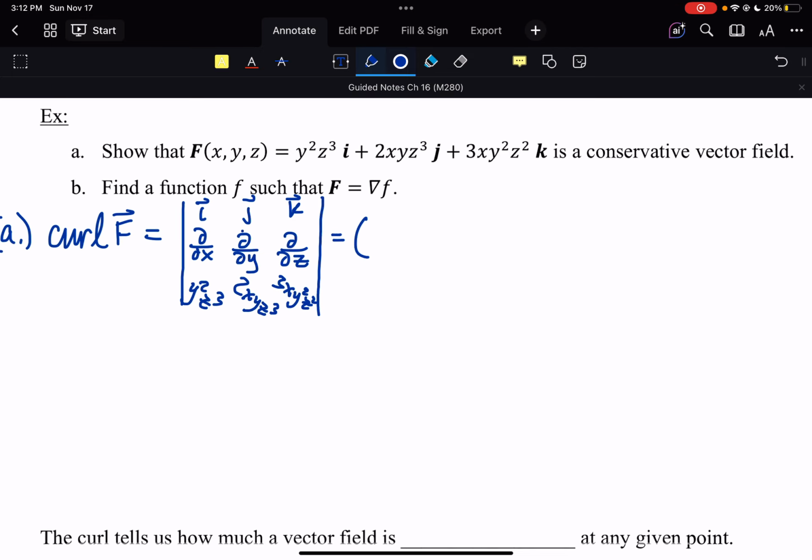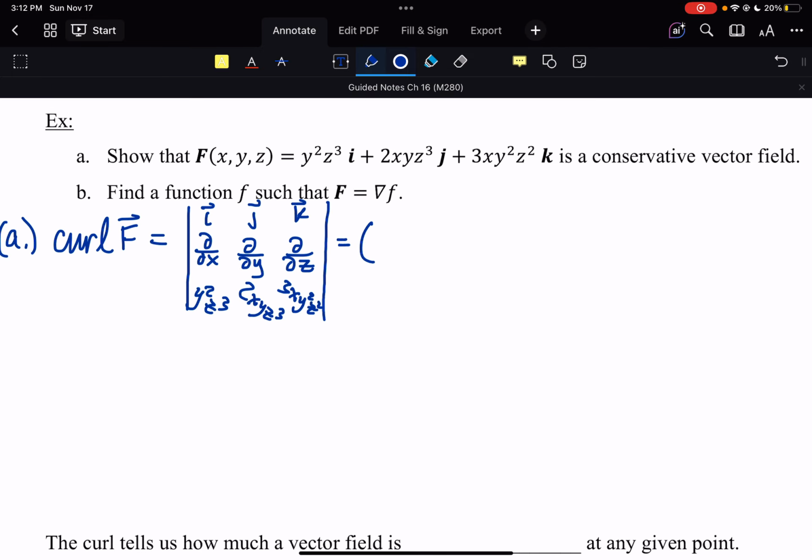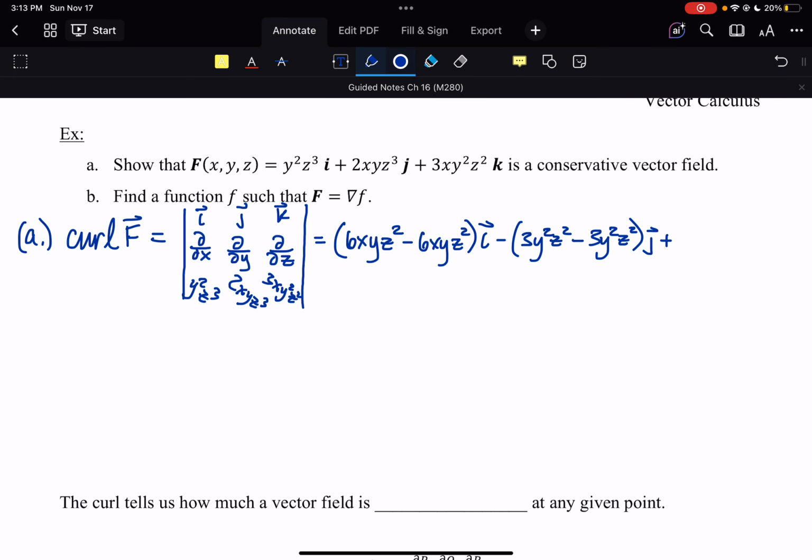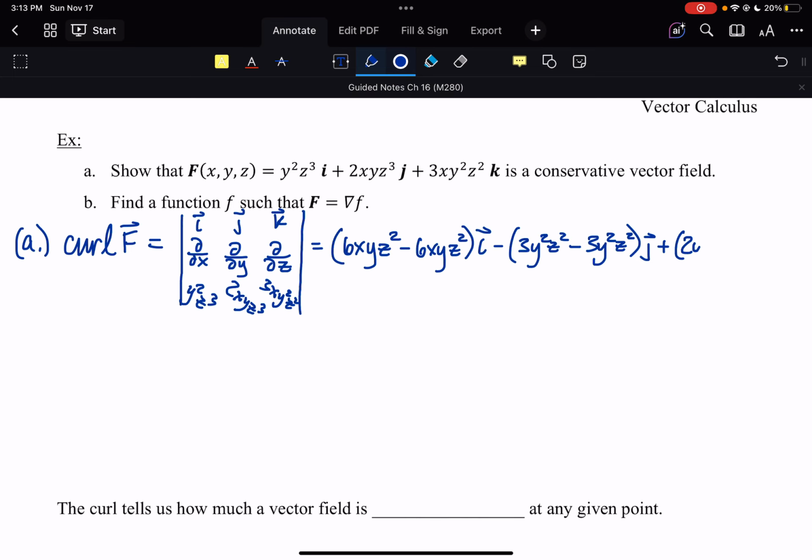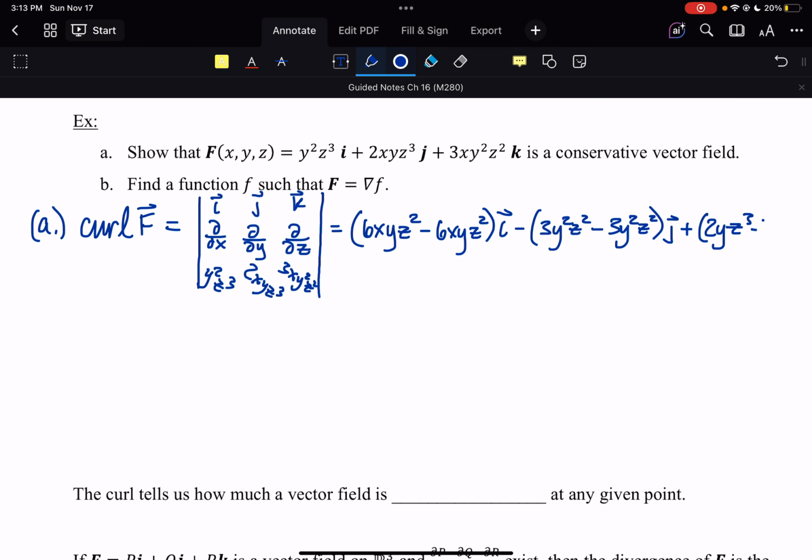So if we go component by component here, for the I component, we go partial with respect to y of 3xy squared z squared, so we're going to get 6xyz squared, minus partial with respect to z of this one, so we bring down the 3, so we get 6xyz squared I, minus partial with respect to x of this, so that's 3y squared z squared, minus partial with respect to z, so bring down the 3, that's 3y squared z squared, j, plus partial with respect to x of this, that's 2yz cubed, minus, sorry, did I get these mixed up?